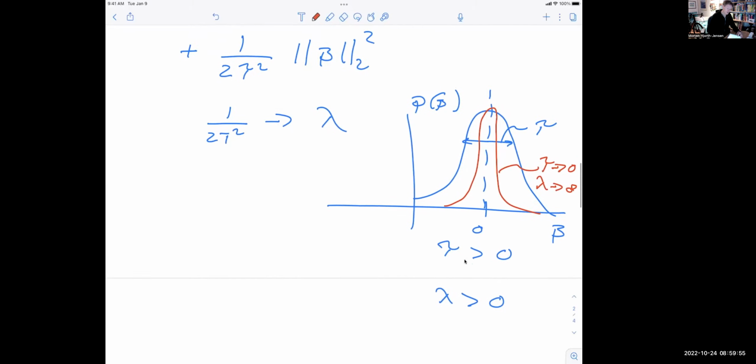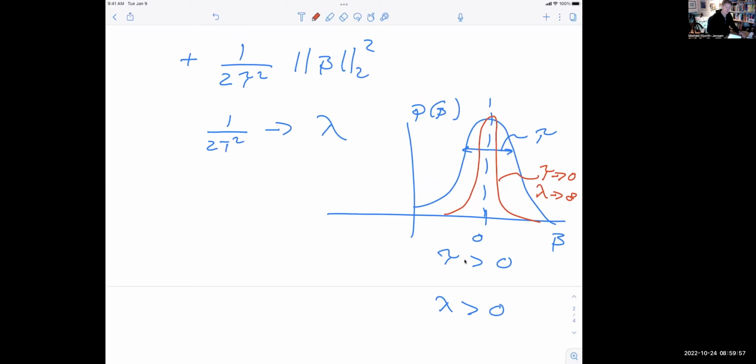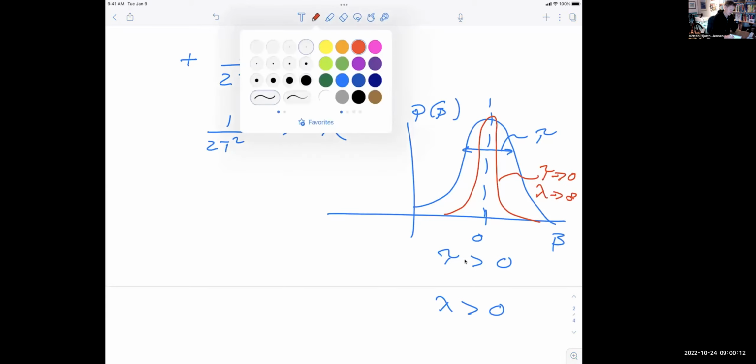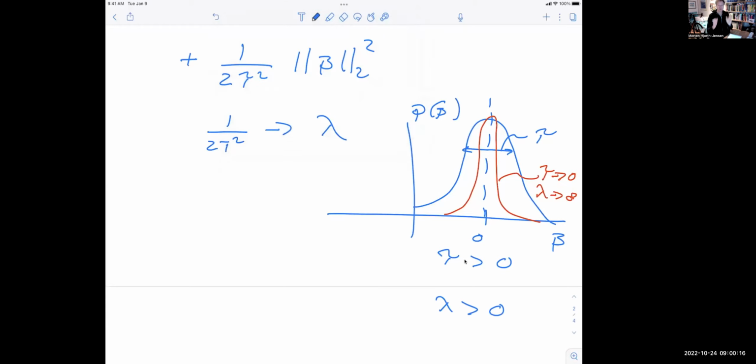On the contrary, if I make tau very, very large, that means that I have a very broad scatter in the value of beta, and then I have a lambda value which is becoming smaller and smaller. So you can think of this parameter lambda as a way to either shrink or increase the confidence interval around the parameter beta.